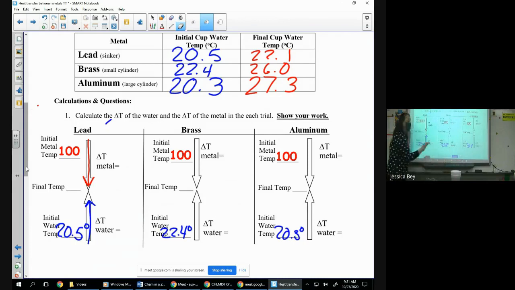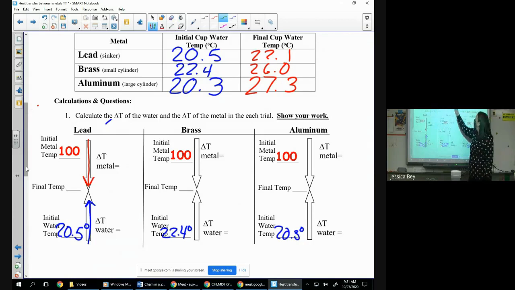Now, unlike the lab last week where we had hot and cold water together and they met right in the middle, this did not meet right in the middle, did it? And that's because of the different specific heat capacities of my materials. The final temp for the lead was 22.1 degrees.